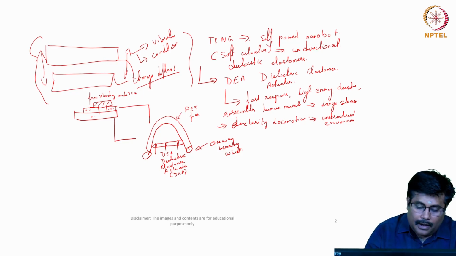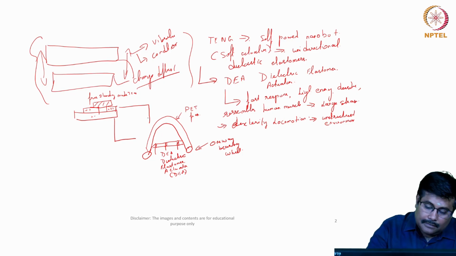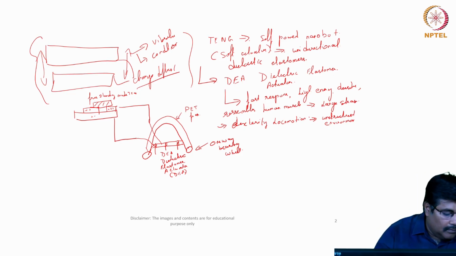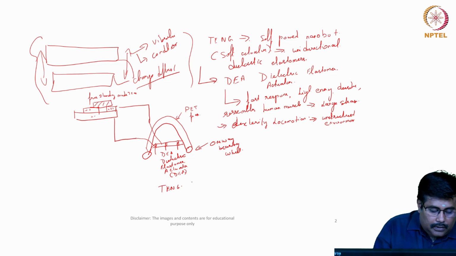Here we have a dielectric structure, and these dielectric structures are connected in the form of a TENG. So in the proposed system, it is a TENG based soft robot conjugation system.